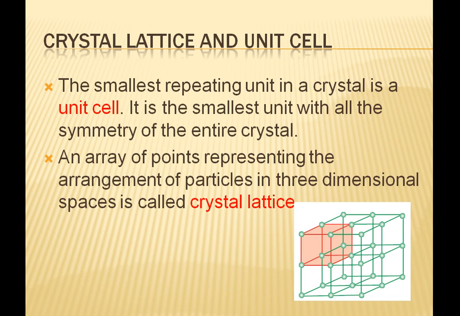Such arrangement of particles is called crystal lattice. Now, if you see one pink part in this crystal, this is the smallest part which on repetition can form a complete crystal lattice. This is called unit cell.